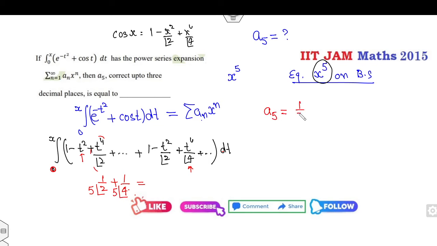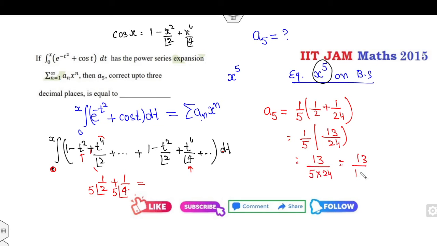The coefficient is 1 over 5 common, times 1 over 2 plus 1 over 24. So 1 over 5 is outside, 24 is the LCM, 12 plus 1 is 13. So the answer is 13 divided by 5 into 24. 13 divided by 120 is my right answer. Fine.